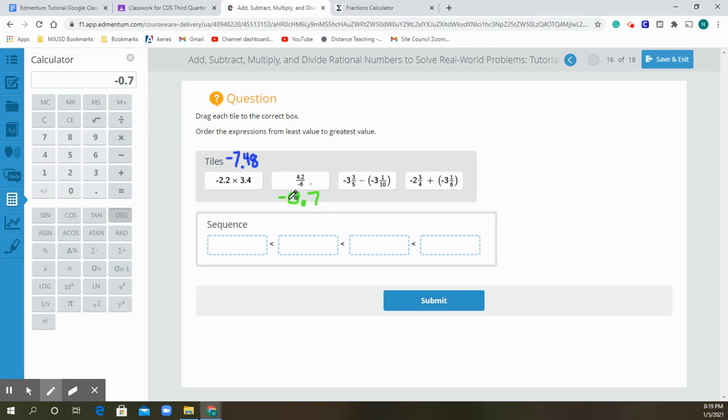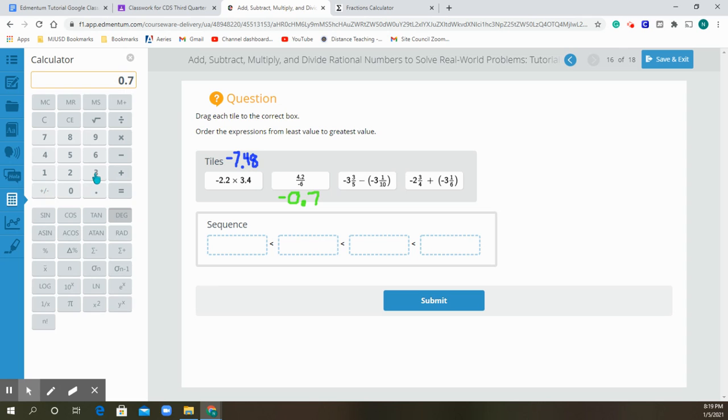And so I believe that makes this the least out of these two. All right, next one is negative 3 3/5. So, let's look at our calculator there. Negative 3 minus negative 3.